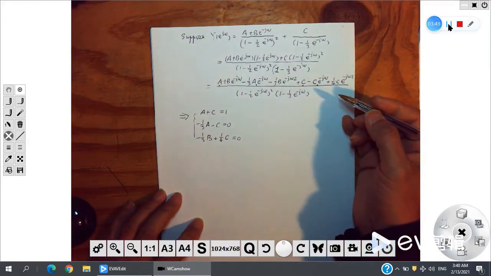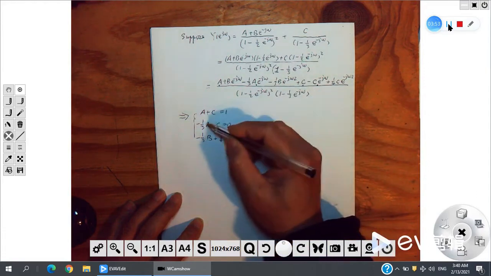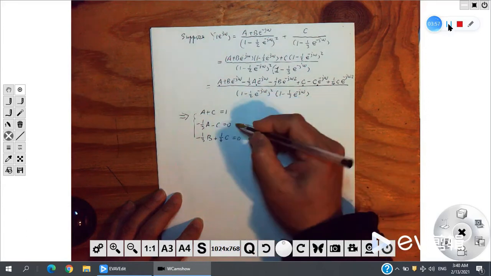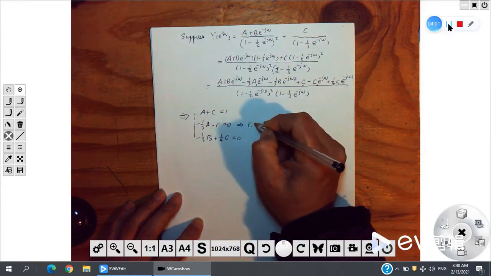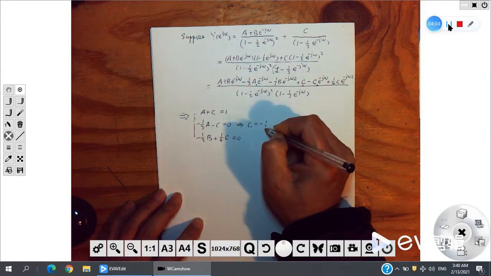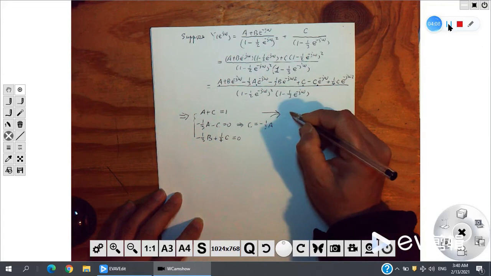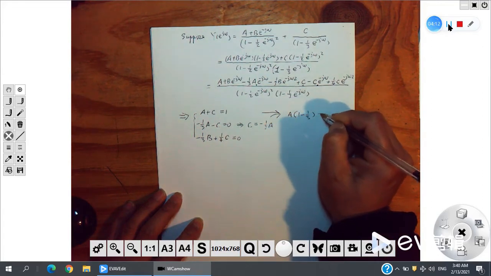Which one will be? Yeah, we can try to find A and C firstly and plug in C to get B, right? So this one we get C equal to -1/3 A, and then these two I have A times 1 minus 1/3 equal to 1.